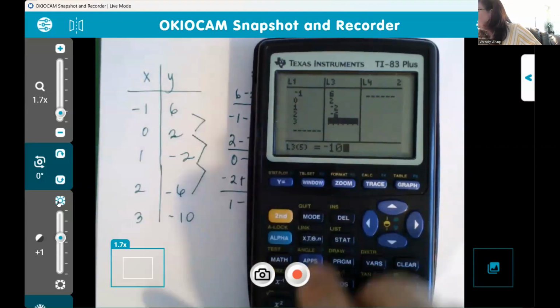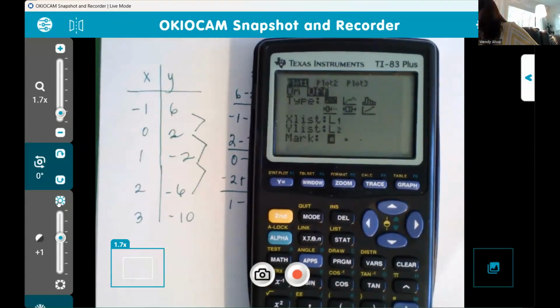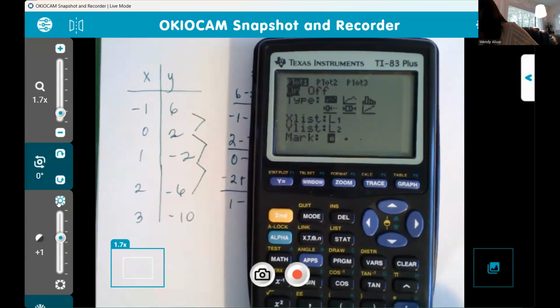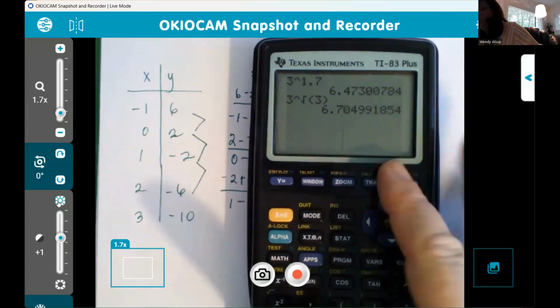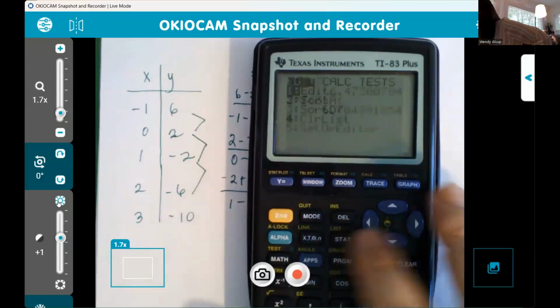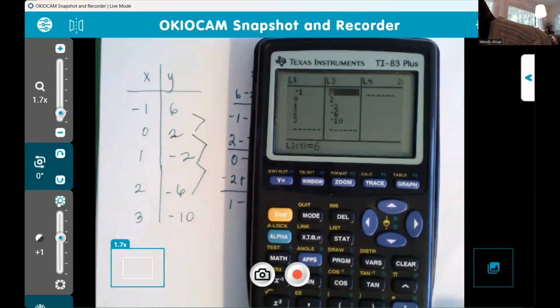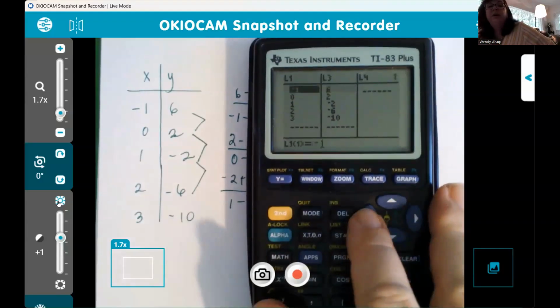And let's plot one, and let's just do dots. We'll turn that one on, and now let's graph it. Uh-oh, what did I do wrong? Oh, L1 and L3.